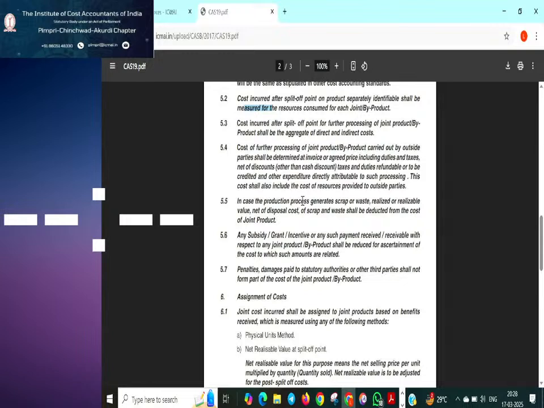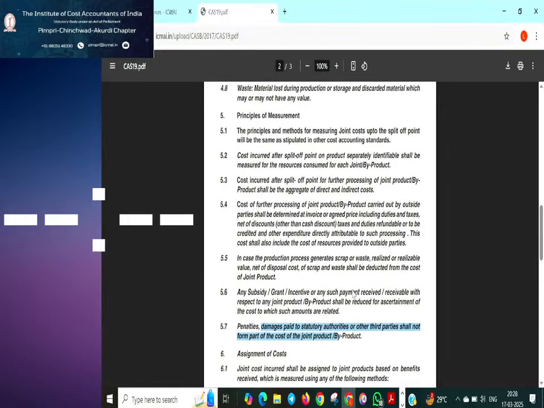In case the production process generates some scrap or waste, that will be the credit which will be deducted from the cost of the joint product. Any subsidy, grant or incentive which is received or receivable for any joint product or byproduct will be reduced. And penalties, damages, anything paid will be excluded from the cost of the joint product.